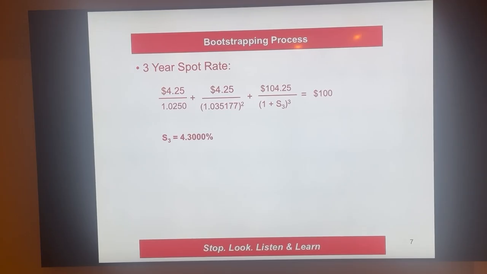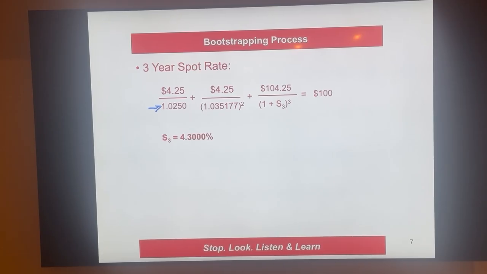So what we want to do is discount those 3 cash flows back using the spot rates. We know the 1-year spot rate, which is this number here, so we discount the cash flow we receive 1 year from now at that 1-year spot rate.